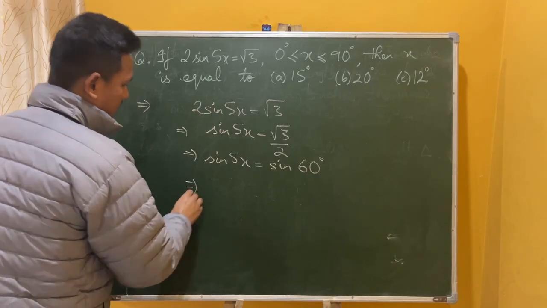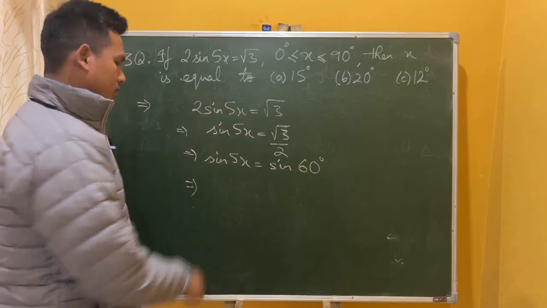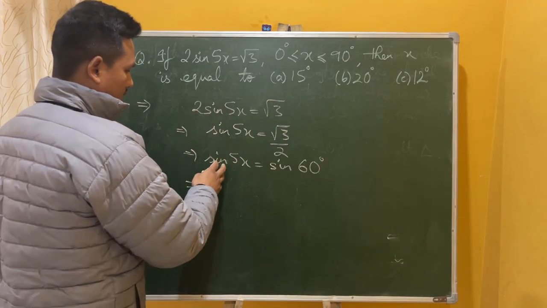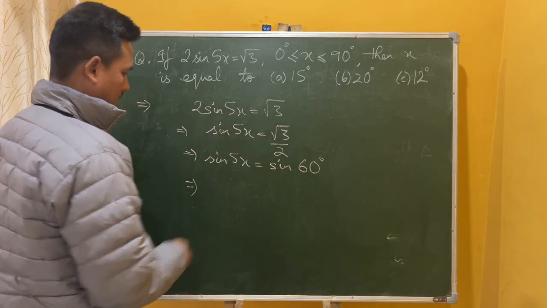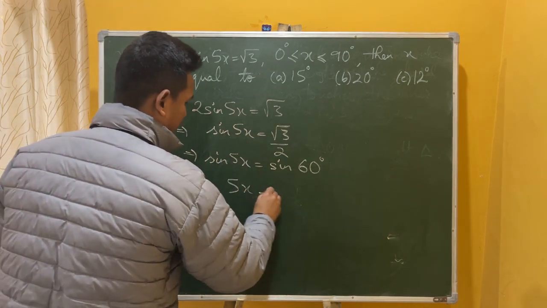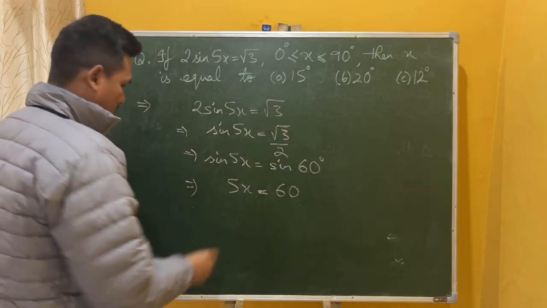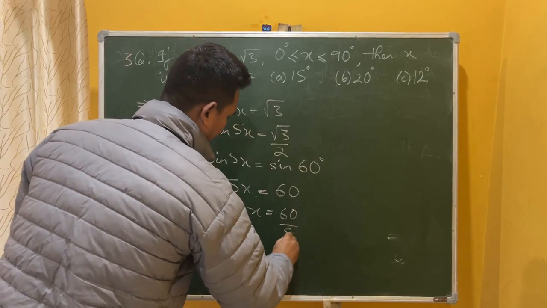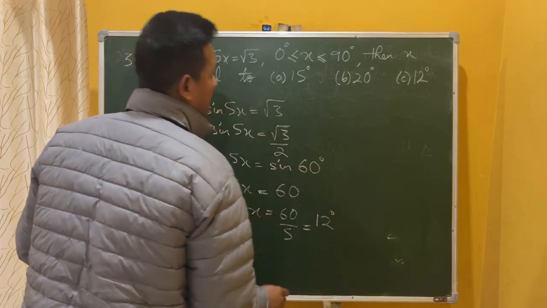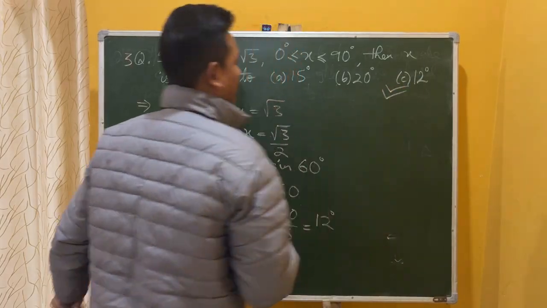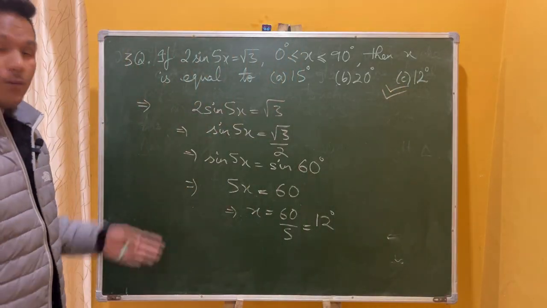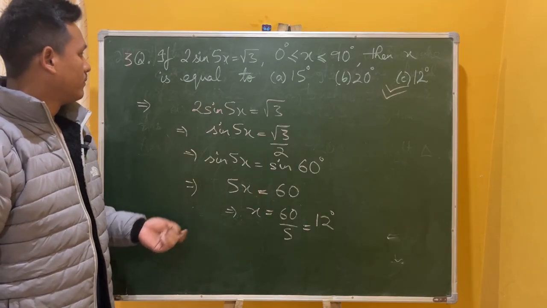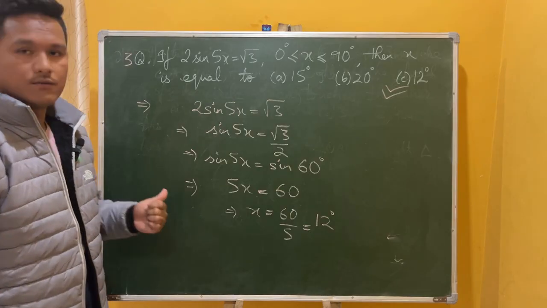Next, sine and sine, you don't cancel them, but they get removed. Next we can write 5x equals 60, or x equals 60 divided by 5, which is 12. So x is 12 degree. I hope you understood the question and the solution, and we'll move on to the next question. That's question number 4.